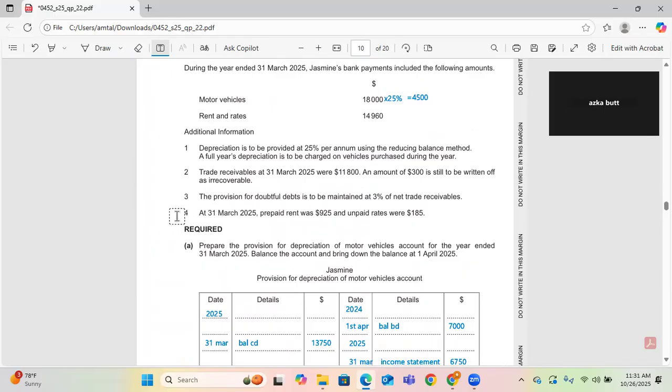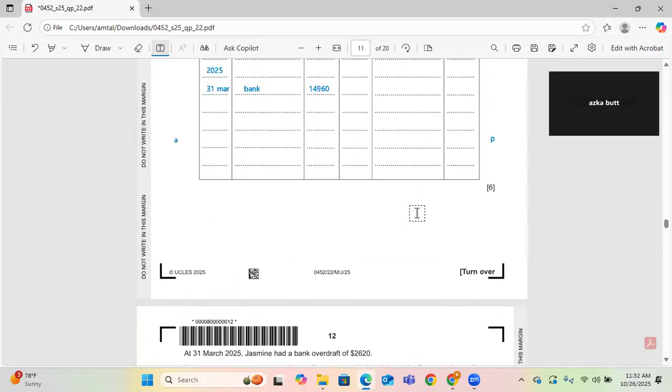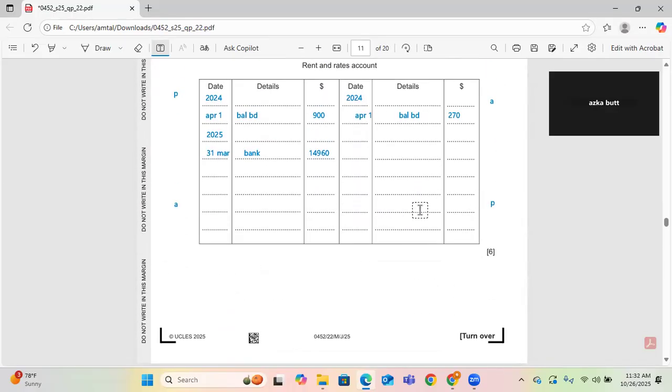If you see, we have the additional information regarding this, that at 31st March 2025, prepaid rent was 925 and unpaid rates were 185. So this is the prepaid expense, and this is the accrued expense. If the expense is prepaid, we will be writing it here. If it is accrued, we will be writing it here. The closing balances.